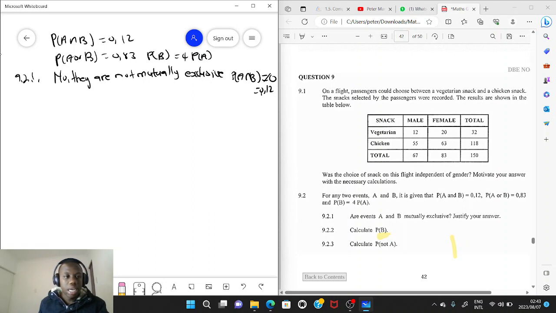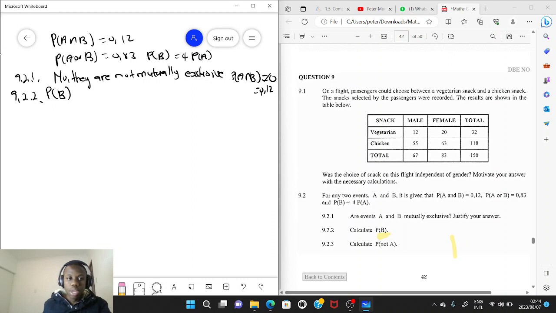Now let's look at 9.2.2. In 9.2.2 we are asked to determine the probability of B, right? So how are we going to determine it? We use the addition rule, and substitute whatever is given in the statement.